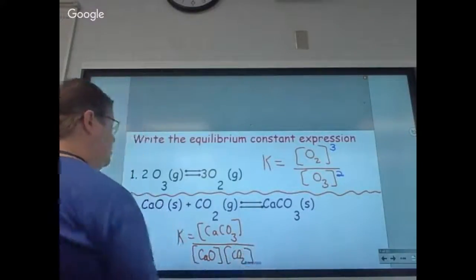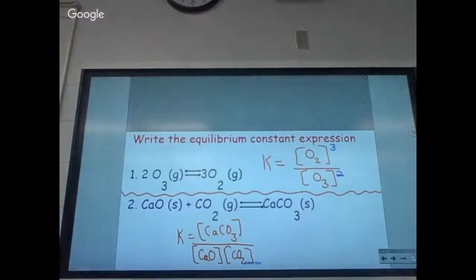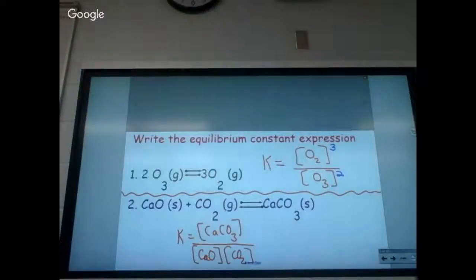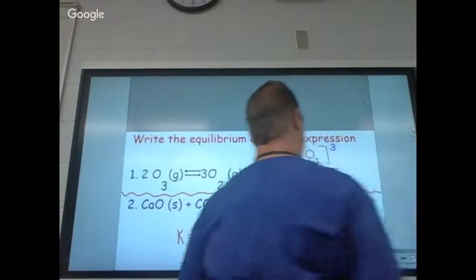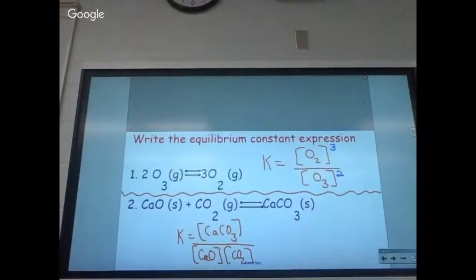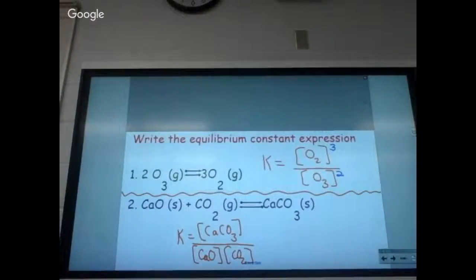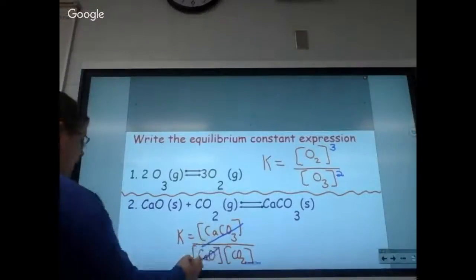All right. Do I have any coefficients? No. So this time, will I have any exponents? No. Okay. This time, do I have anything that's a solid or a liquid? Yeah, I got solids, right? So what's a solid this time? CaCO3 is canceling out, and CaO is canceling out.